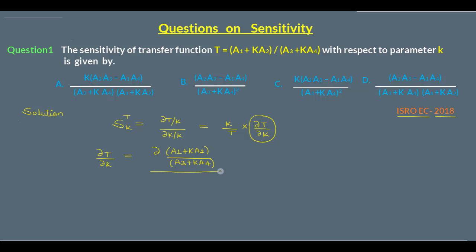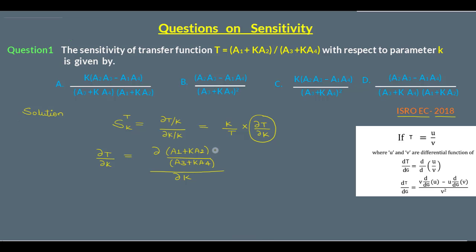We need to differentiate this with respect to K. Now since the transfer function is in polynomial form, we can use the quotient rule, that is nothing but the U by V rule of differentiation. The formula of the quotient rule you can see on the screen. Now we can consider this as my U function and this as my V function.